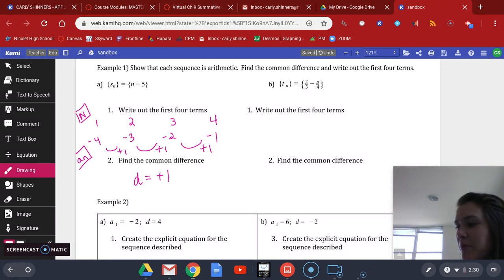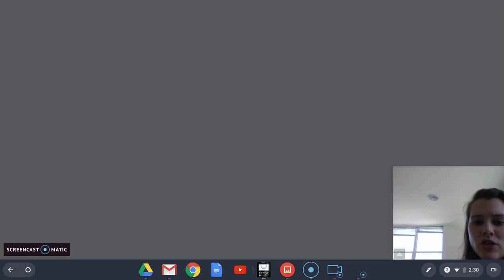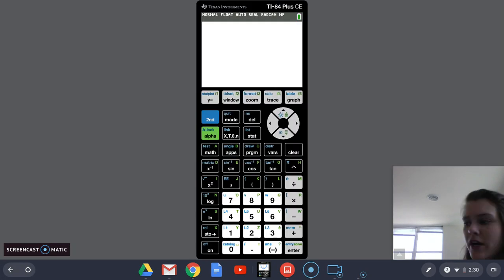Now for letter B, it's a little bit uglier here, but we're going to be okay. And maybe I shouldn't call it ugly. So here are n's. We're just going to plug in 1. So hop on to your calculator here. 2/3 minus 1/4, right? So I'm plugging in 1 for n.